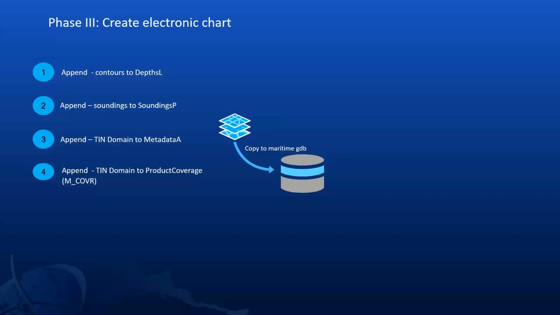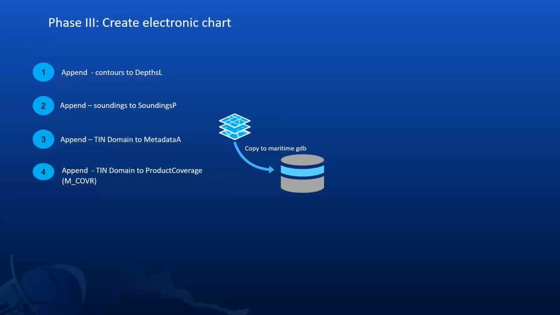And then phase 3, the last phase, is just creating the actual electronic chart, ENC, S-57, S-101 data set. There are some workspace XMLs, and a workspace XML, if you're not familiar, is really just a predefined database template.